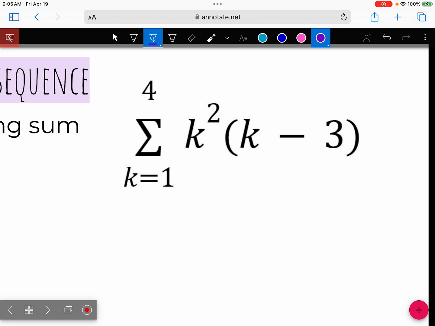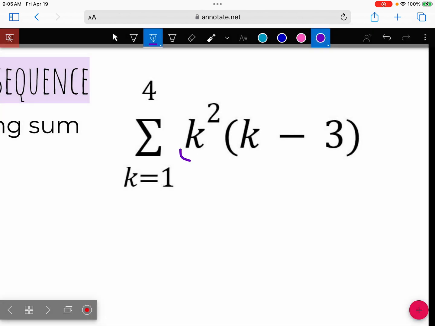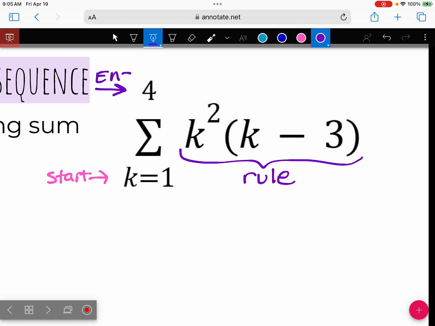What we have here is our rule. This is the rule we're going to work with, just like it was yesterday. This is where we start, so we're going to start at 1, and we're going to end at k of 4. This is where we stop.